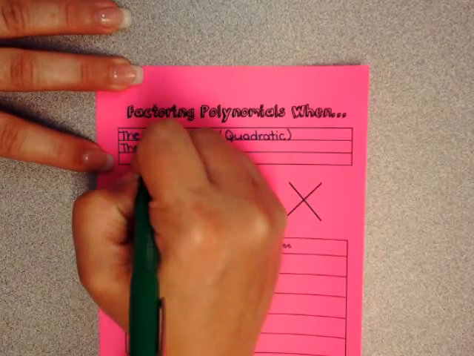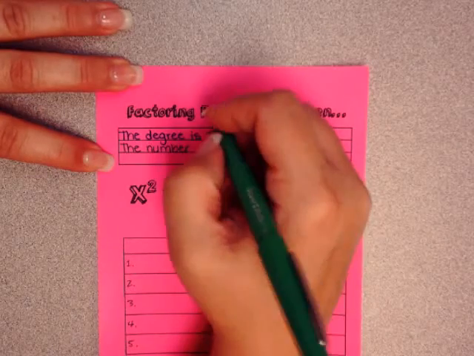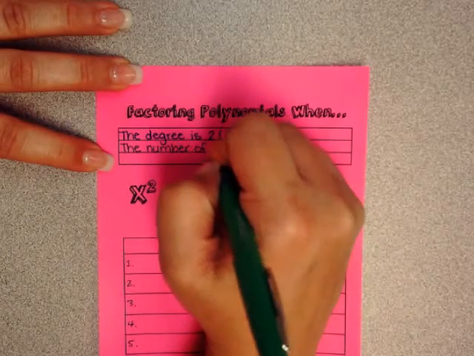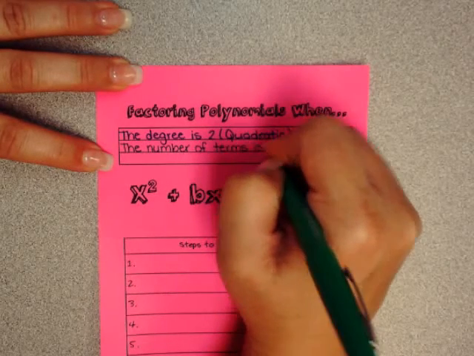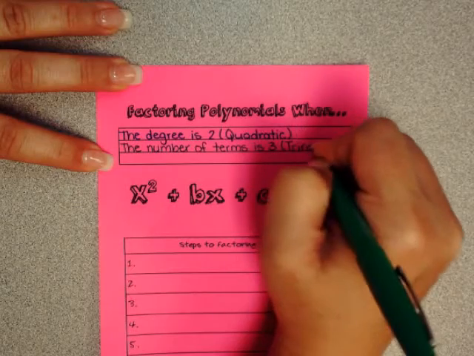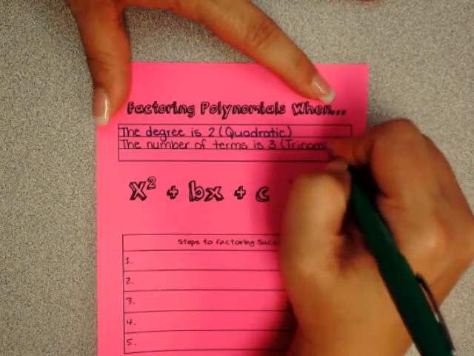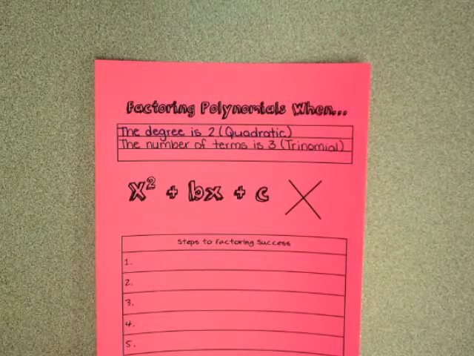The number of terms is 3. So we have a trinomial. Okay, so again, our title kind of alluded that we were going to be factoring quadratic trinomials.